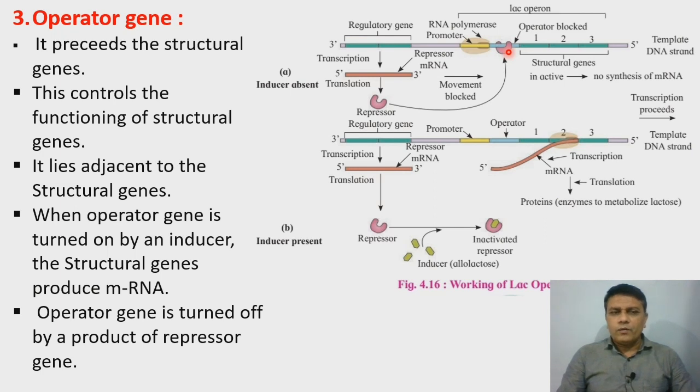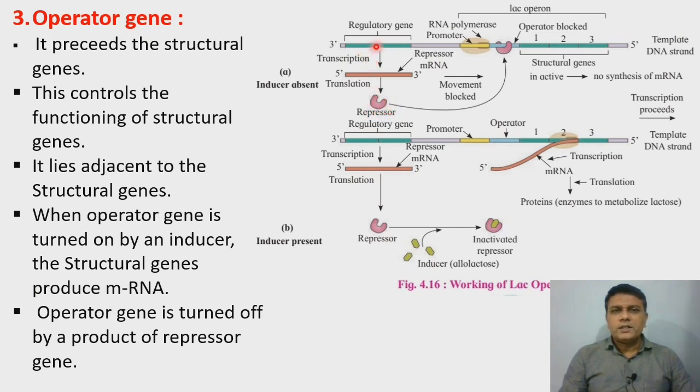So the transcription of the structural genes, where messenger RNA is produced, is prevented, and the operator site is turned off by the repressor gene product, that is the repressor protein.